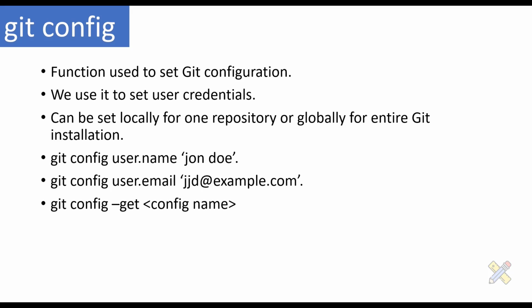Similarly, we will set the user's email. And then once the config is set, we will use the get flag to retrieve the configuration that is set. So we'll type git config --get followed by the name of the config variable. In this case, it can be user.name or user.email.